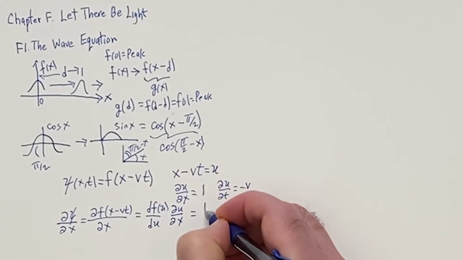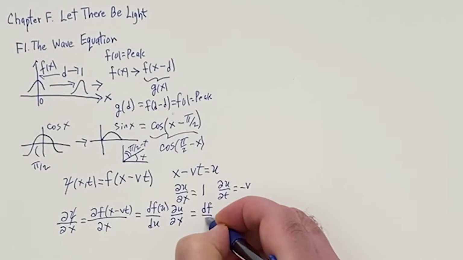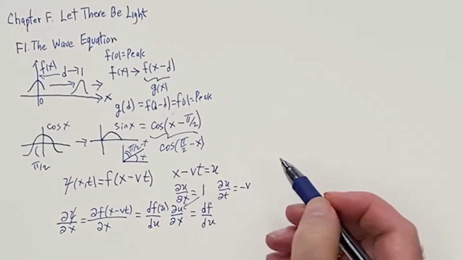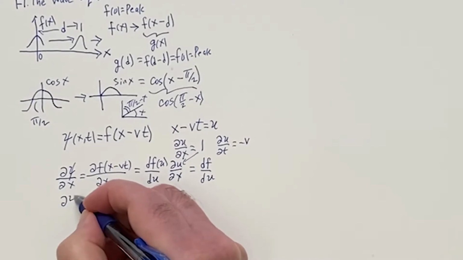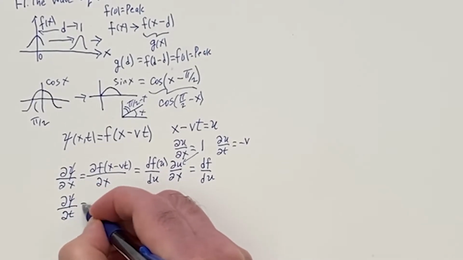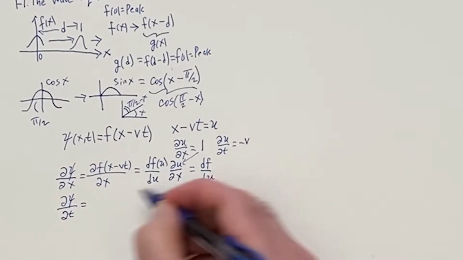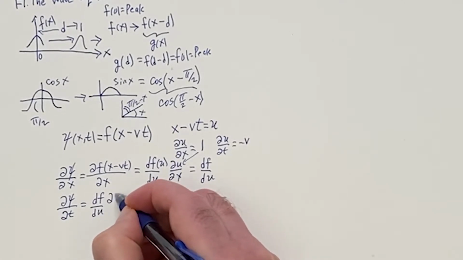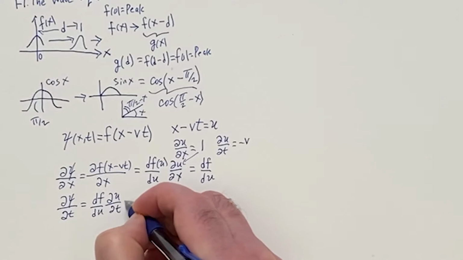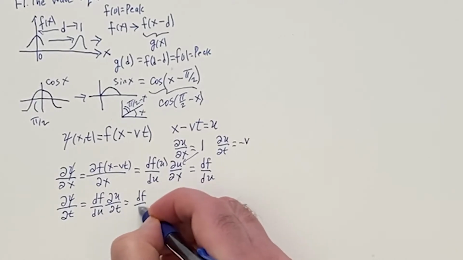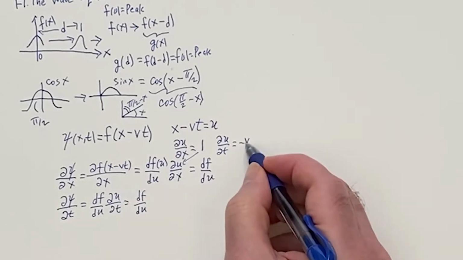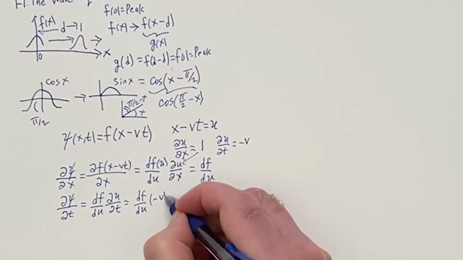So this would be df du times 1. Then if you had the partial with respect to t and did the same thing, you would want df du and then the partial of u with respect to t. That would be df du, because we don't know what f is. And then here's the minus v.